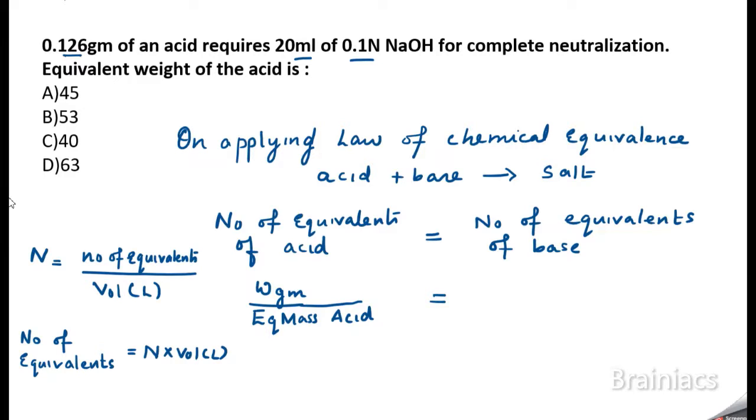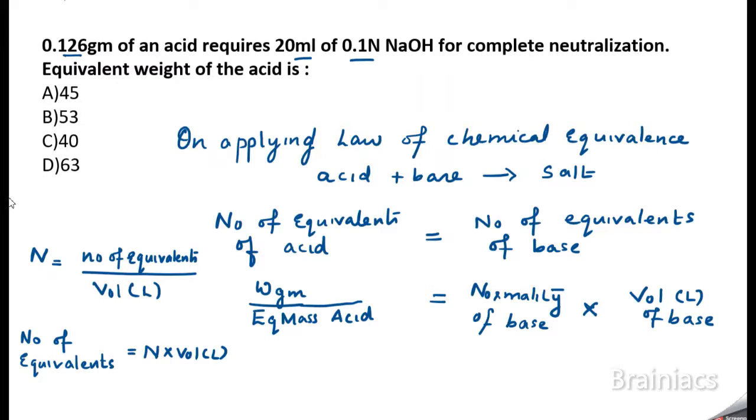So I will apply that formula here. Number of equivalents of the base is equal to normality of the base multiplied by volume of the base in liters, correct?